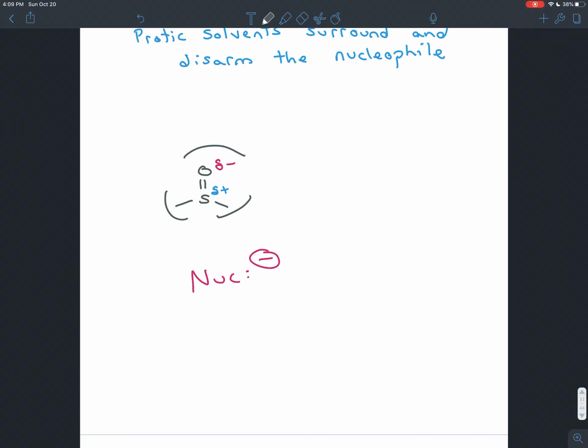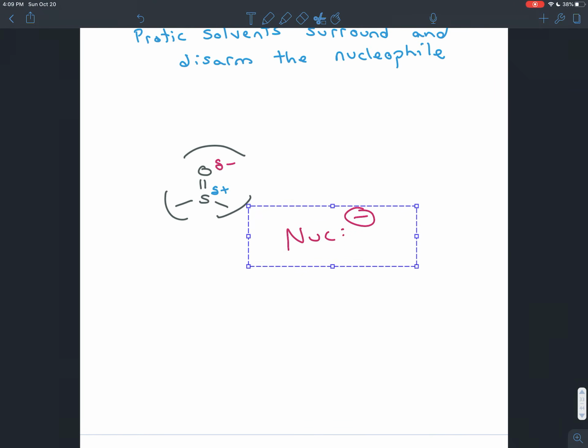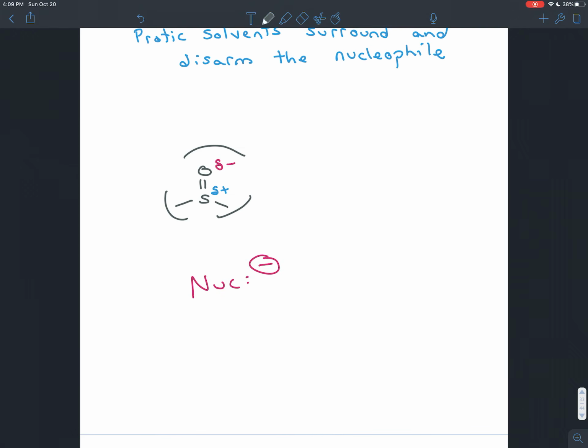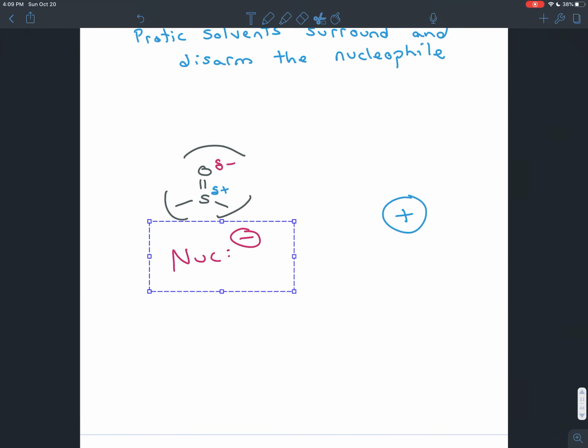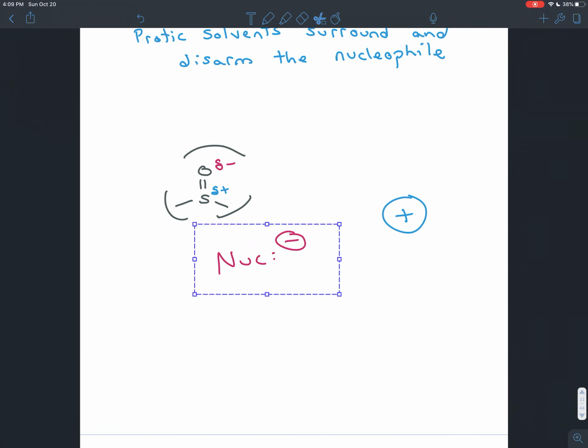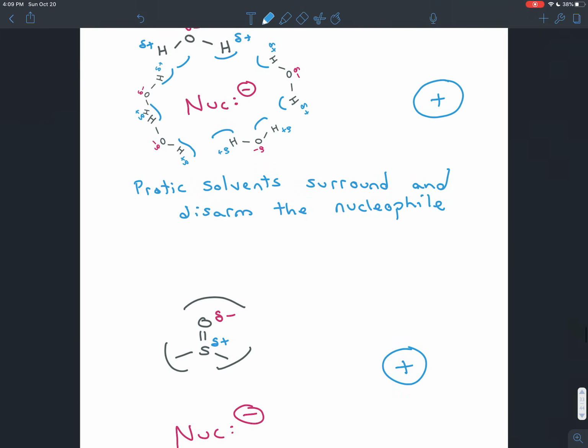It's buried there. So the nucleophile can just whisk right past this. It barely feels the positive charge at all, and it can jump straight to the electrophile that you want it to attack. You're paying no attention to the solvent molecules because the positive charge that would normally slow it down is buried in the middle of the molecule.